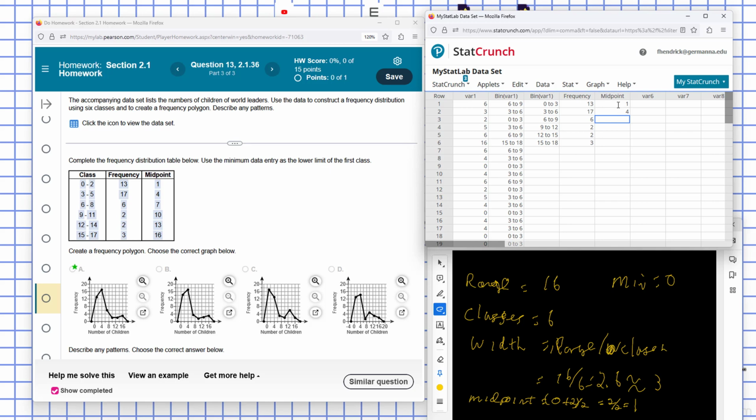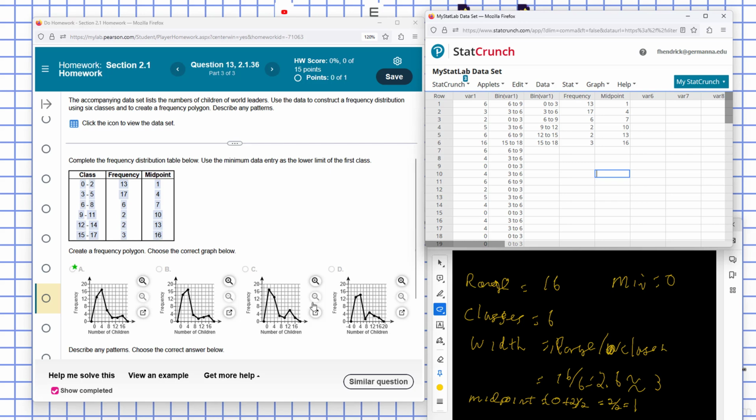And then 4 plus 3, which is 7. And then plus 3 will make that 10. Plus 3 will make that 13. And plus 3 will make that 16. Okay. And again, there's the midpoints there.